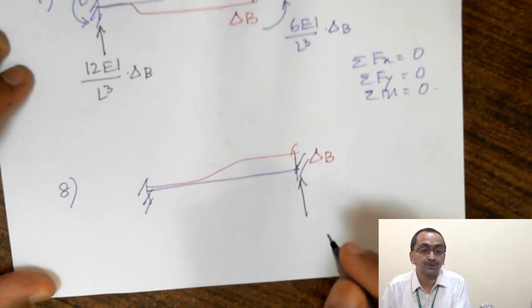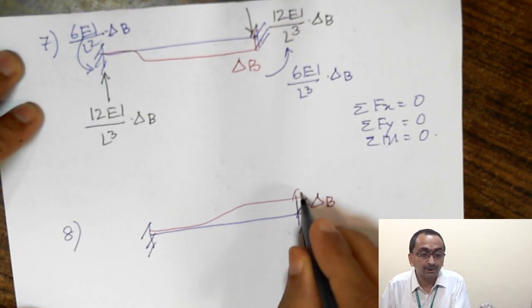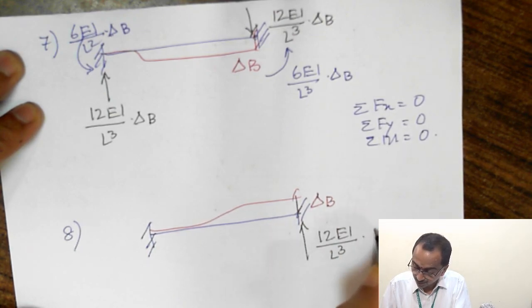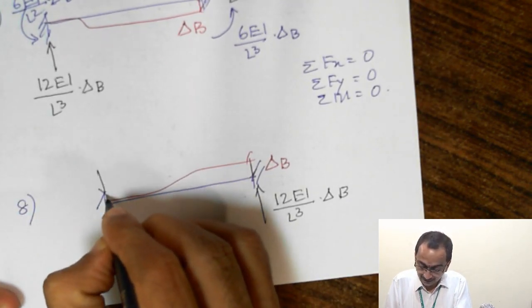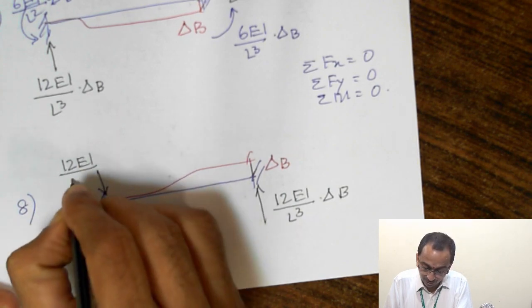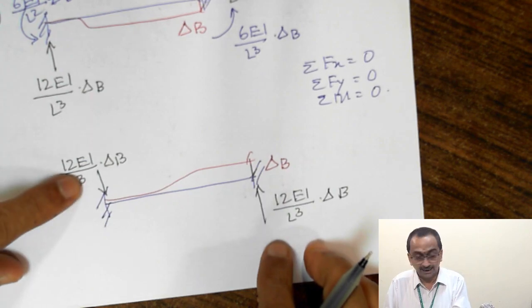The first force, all of you must have judged the logic by now, that is, if this deflection is upward, this force also must be acting upwards, and the magnitude of the force is 12 EI by L cube into delta B, and if this is upwards, this must be acting downwards. So 12 EI by L cube into delta B, that is the force acting at A downwards.